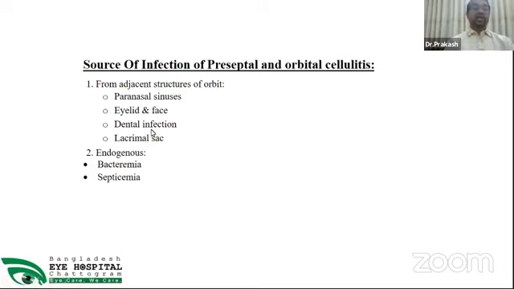Suppose there is dacryocystitis, an infection of the lacrimal sac; that can spread to the orbital septum, and so can cause preseptal cellulitis or orbital cellulitis. And these may also be due to bacteremia or septicemia.